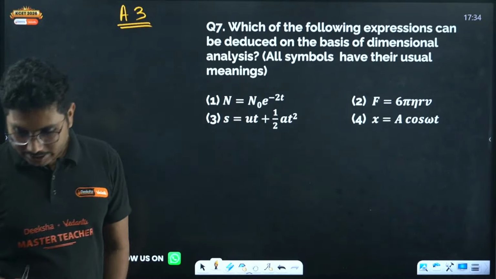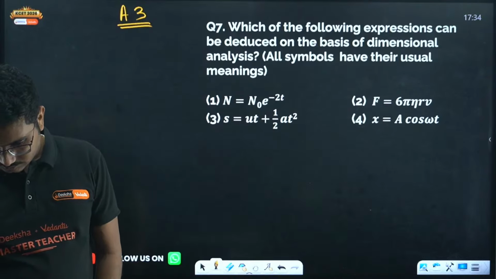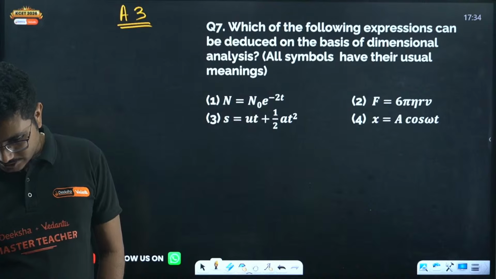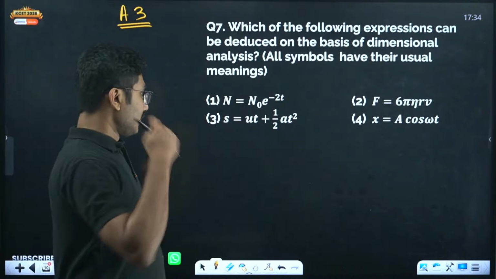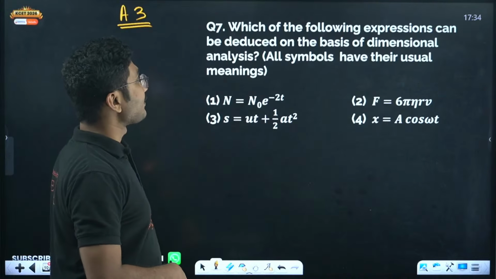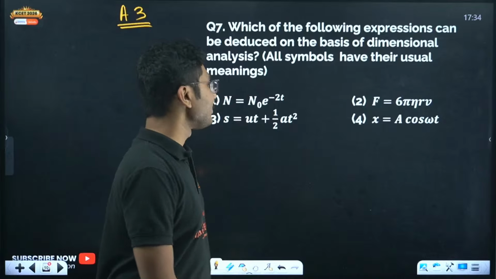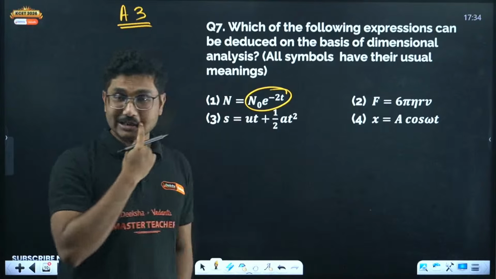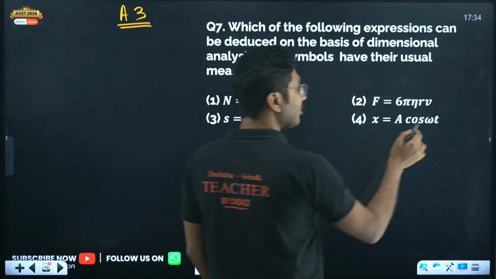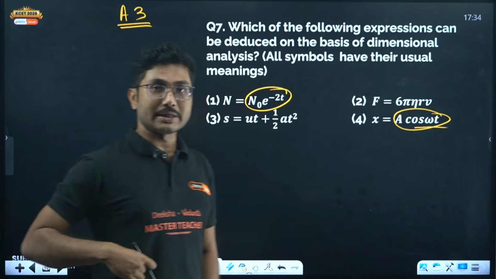let's see which one is the correct answer. Only one correct answer. So first of all, which of the following expressions can be deduced on the basis of dimensional analysis? Dimensional analysis cannot determine quantities in the exponential power, or in the sine or cos, because sine and cos are dimensionless quantities.